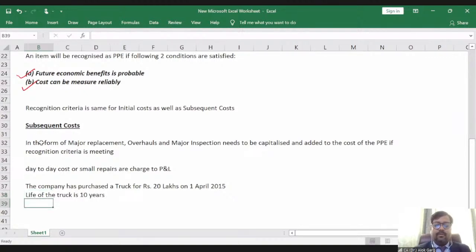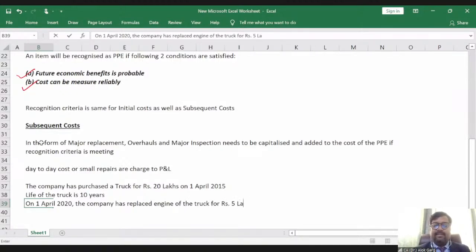On 1st April, let's say 2020, the company has replaced the engine of the truck for rupees 5 lakhs as it became faulty and the truck was not able to run.